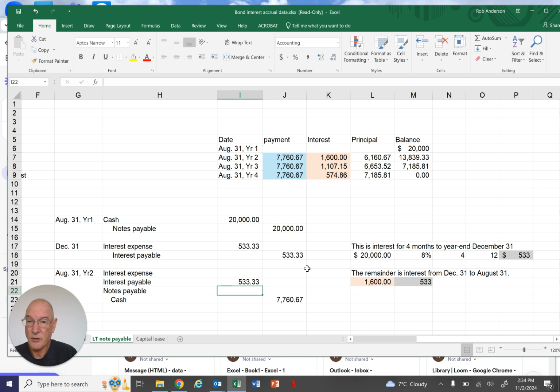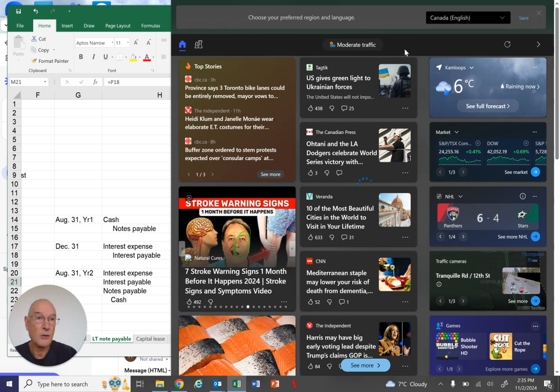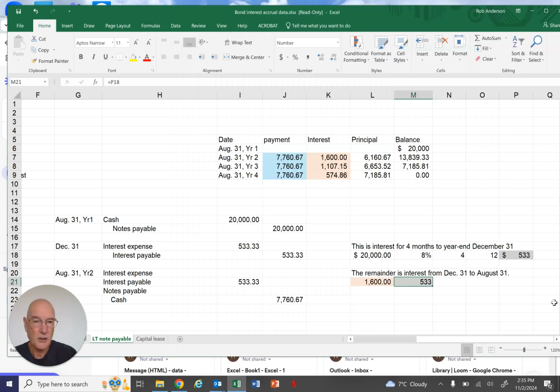So the question is, what is the new interest amount? And this is the interest that goes from December 31 to August 31. So here's how I've done it over here. Notice that interest for the full period is $1,600. That's a year of interest. So here's my year, and here's the 533 that I already accrued. So we say, what's the difference?